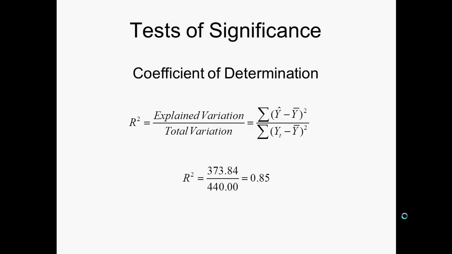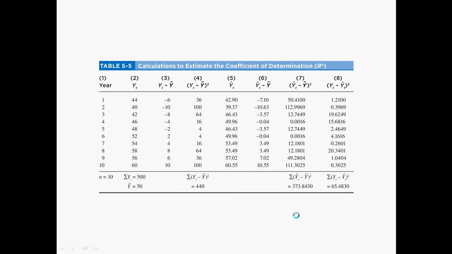Yeah, R squared is this divided by that, and you can see those numbers pop up here again: 373, 440. This number's wrong. Oh, no, sorry, this is the unexplained variation.